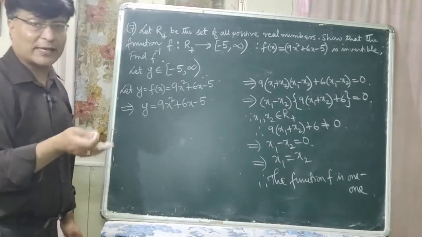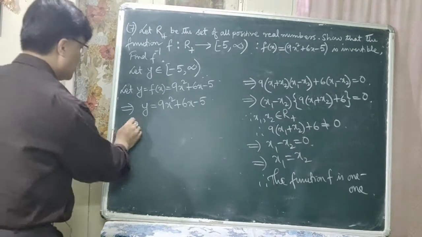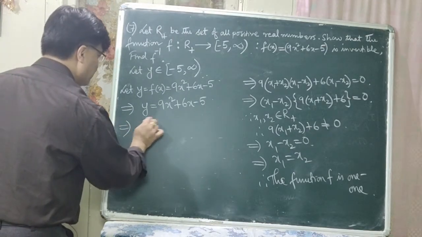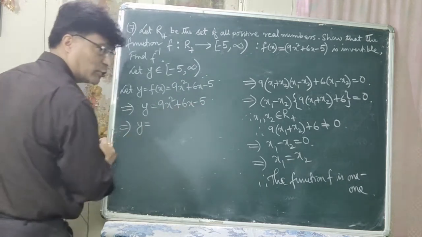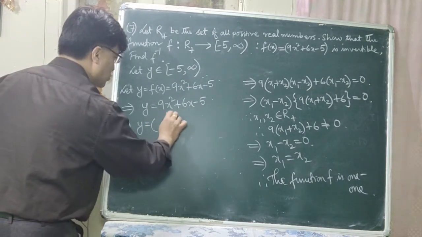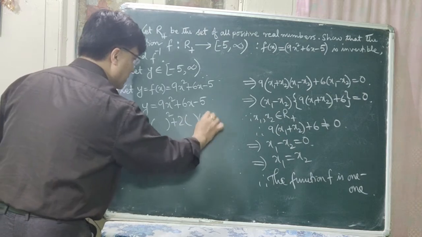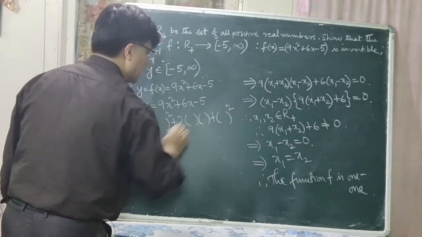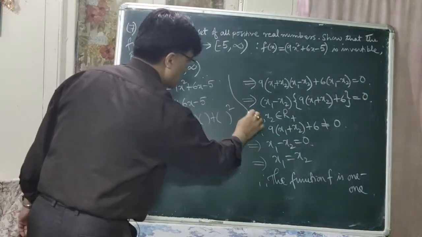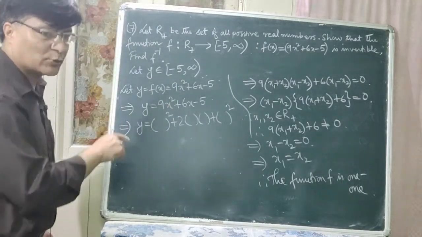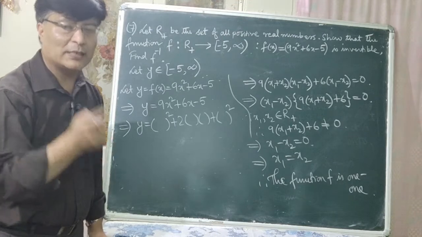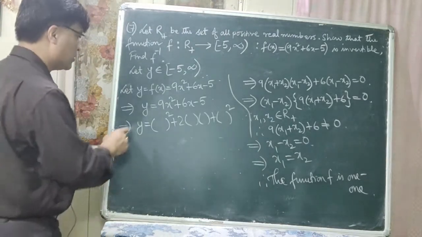Now let us express x in terms of y. Okay, so now we can write it as a whole square, that is, a square plus 2ab plus b square, right? Is that clear? So we are expressing this 9x square plus 6x in terms of a square plus 2ab plus b square in order to get the value for x, right?